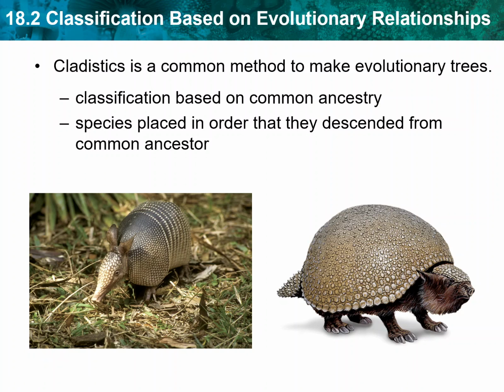At the root of the words cladistics and cladogram is the word clade. A clade is a group of species that shares a common ancestor. For example, the glyptodon, shown on the screen here, is the common ancestor of about 20 modern species of armadillos. Together, the glyptodon and all of its descendants form a clade.